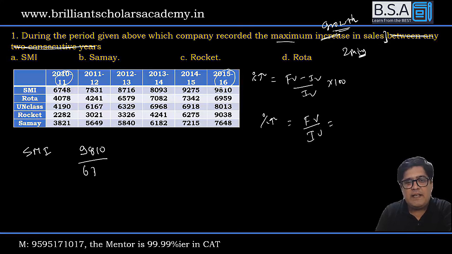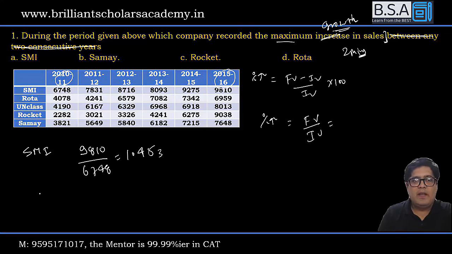Initial value is 6748. So all I will do is divide. I'm just using the calculator. 9810 divided by 6748. What I have here is 1.453. Write it down, not a problem.